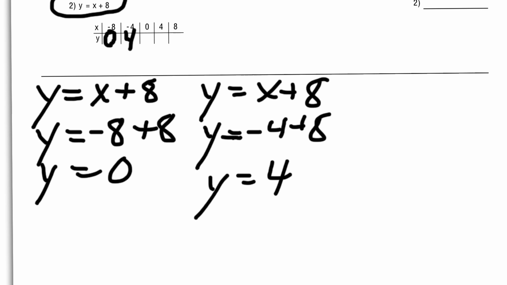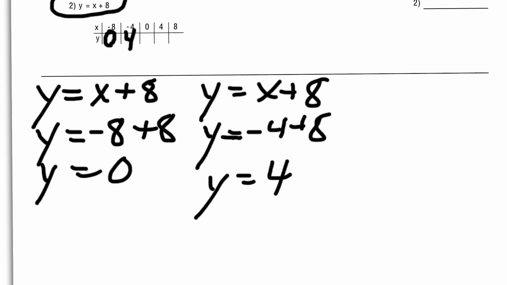We have to look and see if there's a pattern in the top, so we could establish a pattern in the bottom. So it goes negative 8 and it drops, we add 4 to it, add 4 to it, add 4 to it, add 4 to it. Looks like there's 4 added here, so this next one's probably going to be 8. This will be 12. This will be 16. Let's see if that happens.